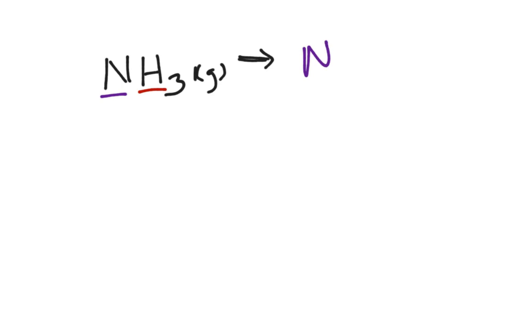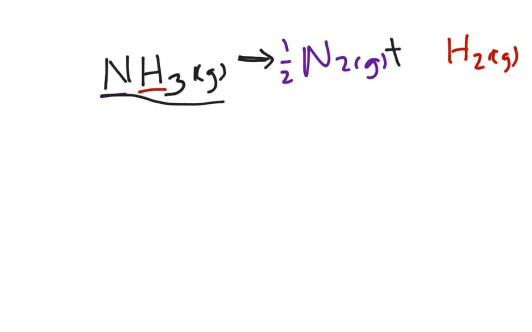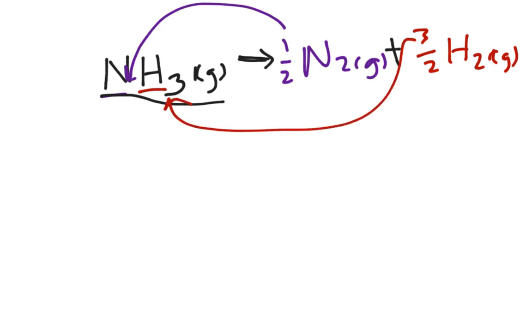So we'd say N2 gas and H2 gas. Then I only want 1 mole of it, so I need half of this and 3 halves of this, so that this 1 corresponds with that 1, and this 3 corresponds with that 3.